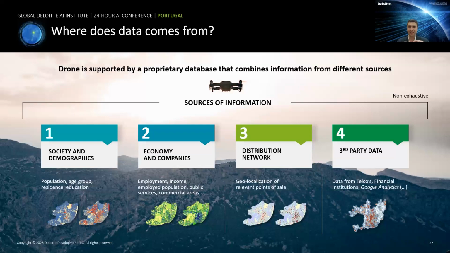But the distribution network doesn't end there, because there's something super important for those of you that have already worked with retail and specifically with distribution networks, which is understanding all the transportation networks there are. So roads, trains, subways, buses, airports, train stations, and so on. So the distribution network is not only from the commercial perspective, but also the distribution of resources and people.